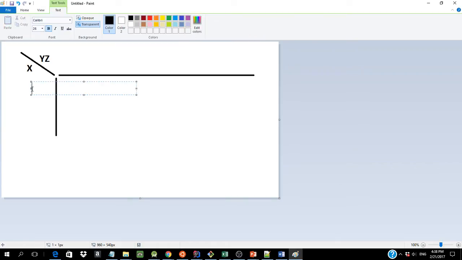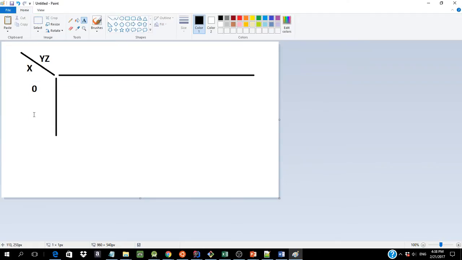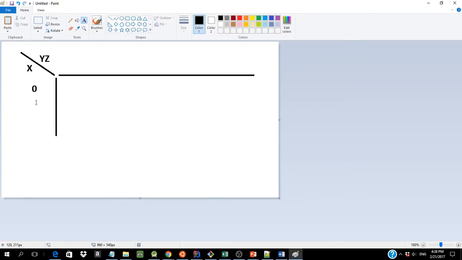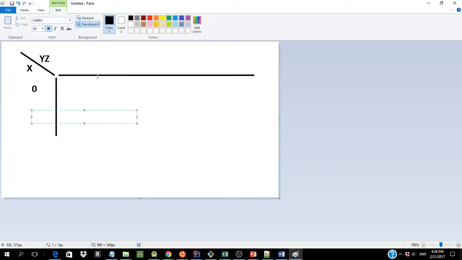So, what are the possible values of x? 0 and 1. Good. What are the possible values of y and z? That's right. 0, 0. Okay.